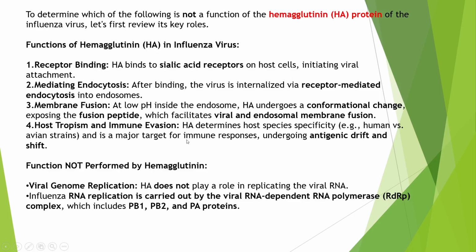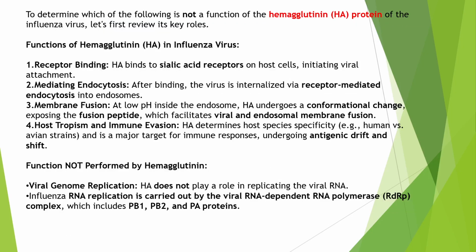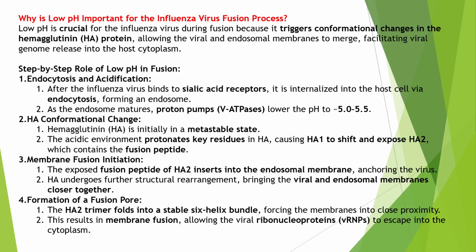So HA is involved in the beginning steps till membrane fusion, and however, it is not involved in viral genome replication. Side note, it is also involved in determining the host species specificity. So this is about the hemagglutinin, that is the HA protein of influenza virus.